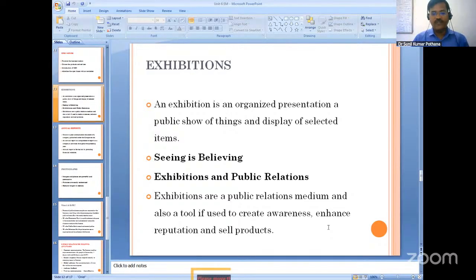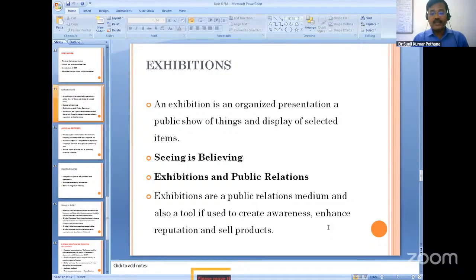Exhibition is one kind of tool. An exhibition is an organized presentation, a public show and display of selected items. We see food exhibitions, product exhibitions, services exhibitions, reality exhibitions.